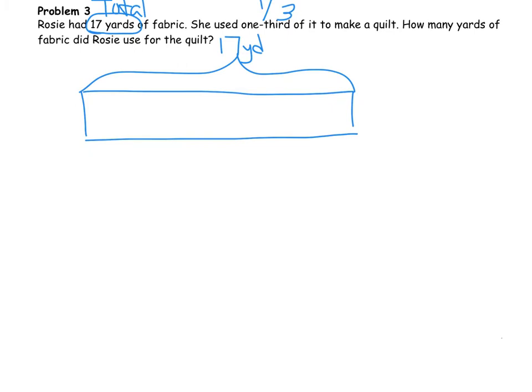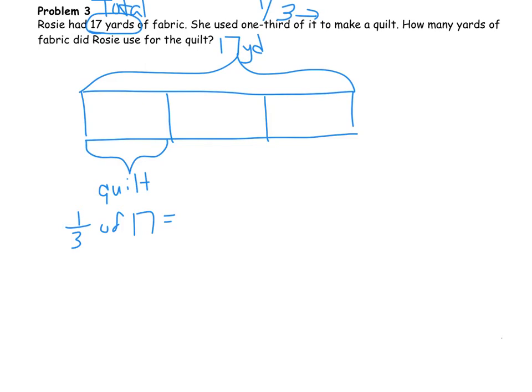So based on that 3, I need to have 3 boxes, or 3 groups. And she said she only used 1/3 of it on her quilt. So 1/3 of 17 is equal to, we're going to find out.